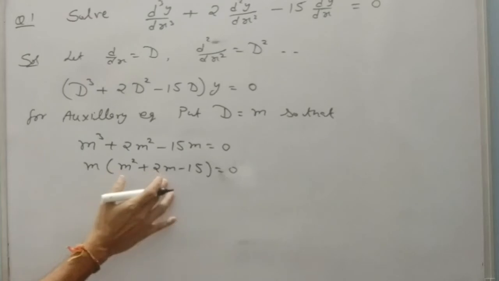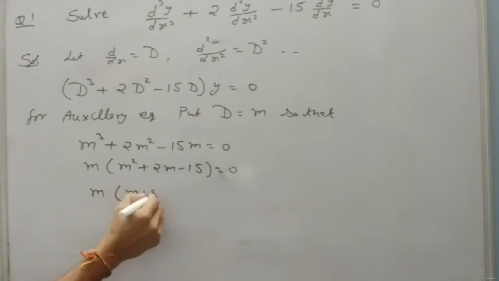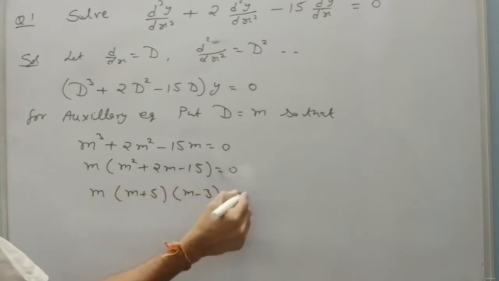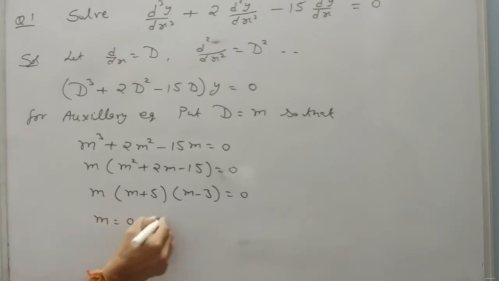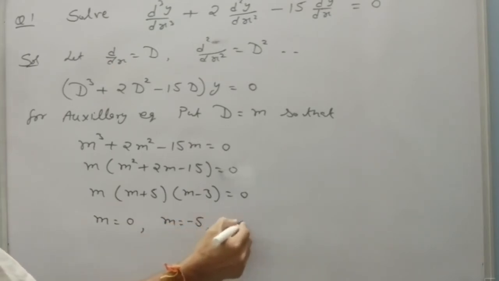You know how to factorize it. So the factors will be m plus 5 and m minus 3 equal to 0. So we can say m is equal to 0, m is equal to minus 5 and m is equal to 3.